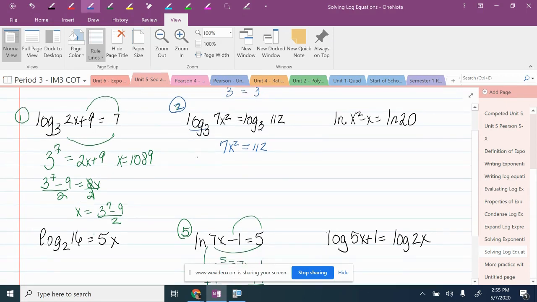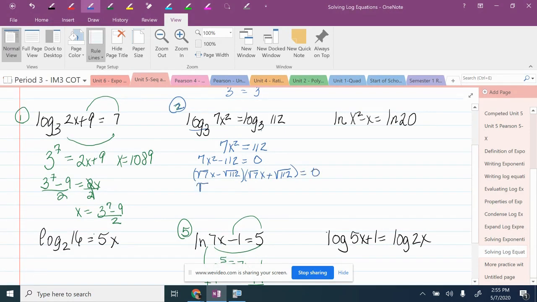There's a couple of ways to do this. The way I would recommend is to move everybody over and to use our special factor pattern, our identity here of a squared minus b squared.